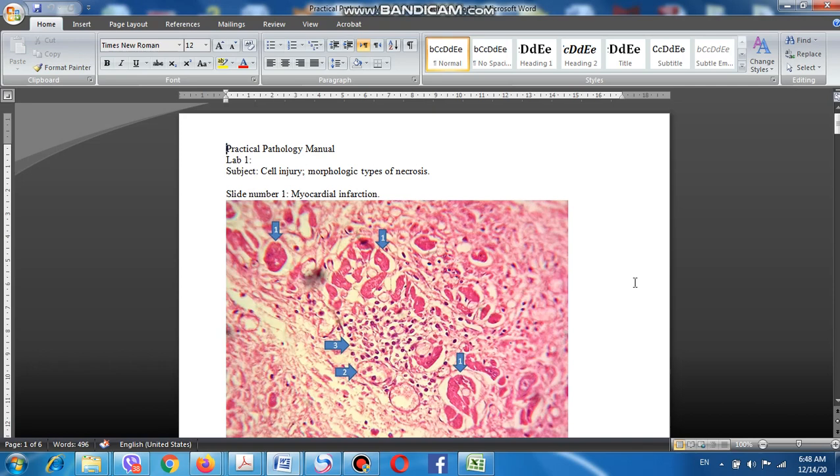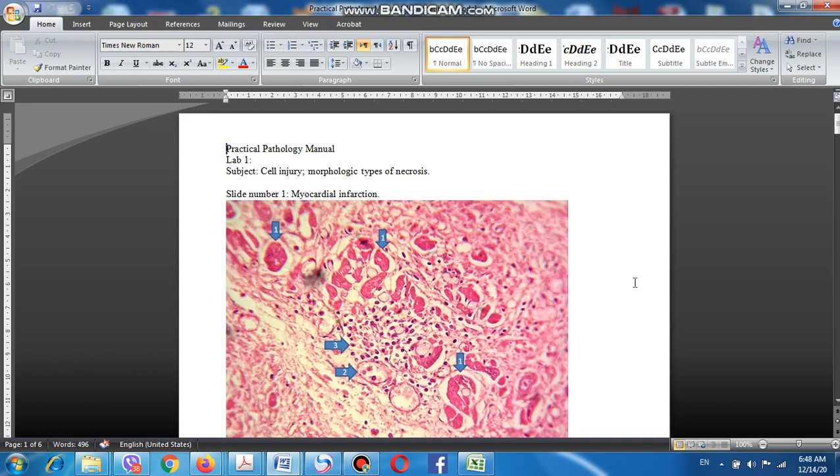In this type of necrosis, the cells are preserved. The architectural features of the cell are preserved. So they are mummified, and the cell outline is preserved.